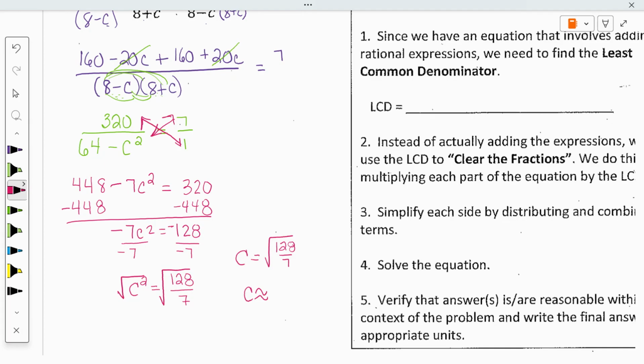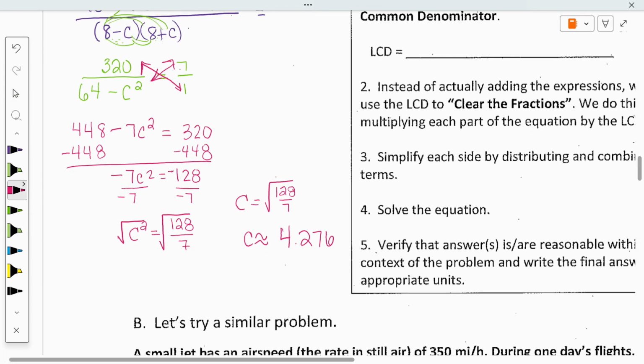Calculator. 4.276. So if we're rounding to the nearest, like if I want 2 decimals, 4.276 is going to round to what? Yeah, 4.276 is going to round to 4.28.